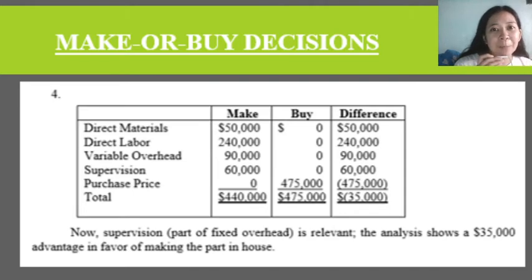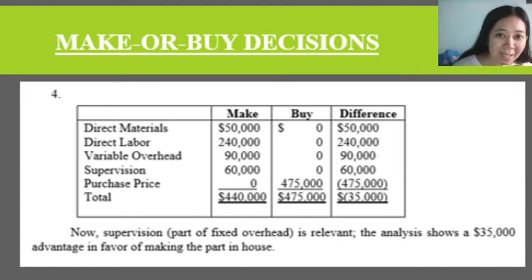So if that is the case, then our total cost to make this part will be $440,000, and buying the same is $475,000. So again, if we notice, the analysis still shows a 35,000 advantage in favor of making the part in-house.